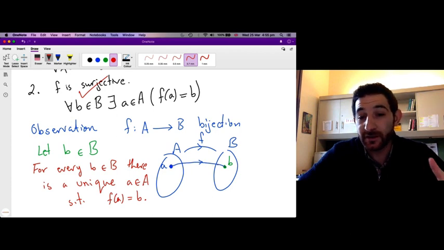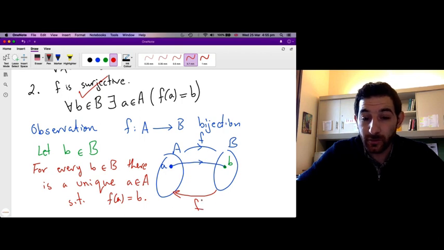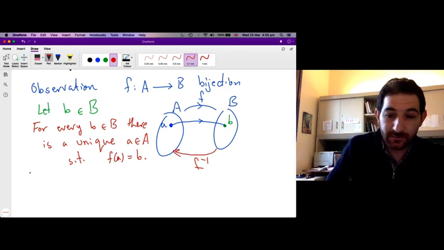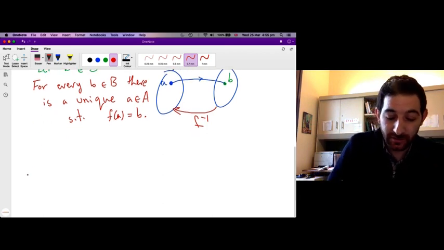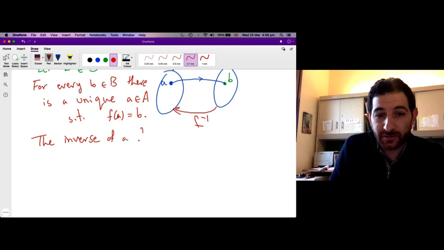You see, this is a very nice property about bijections, and this will allow us to define a function from B to A. We call it the inverse, f inverse. So this is our concept of today, the inverse of a function.